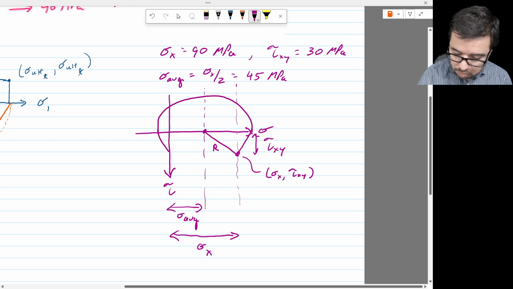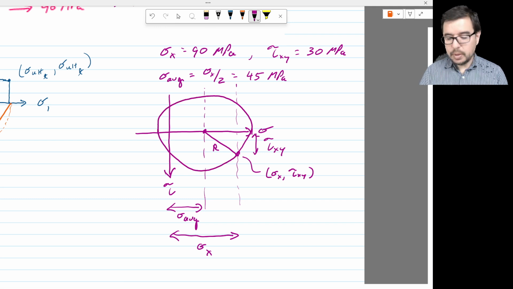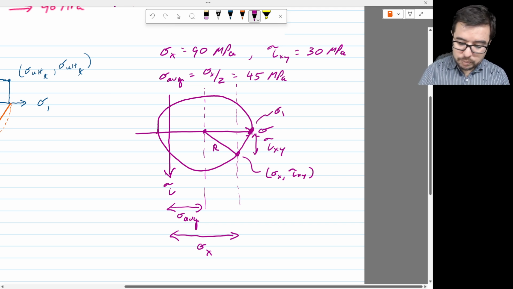a circle, okay, like that. And we need to figure out what the principal stresses are. So we're looking for sigma 1 over here and sigma 2 over there.